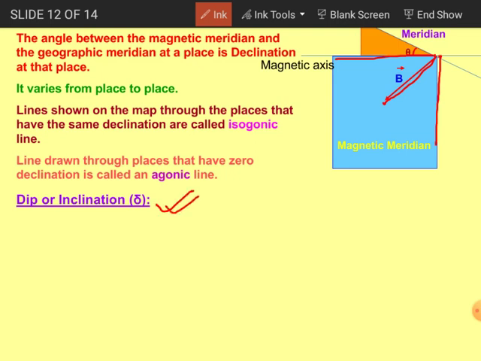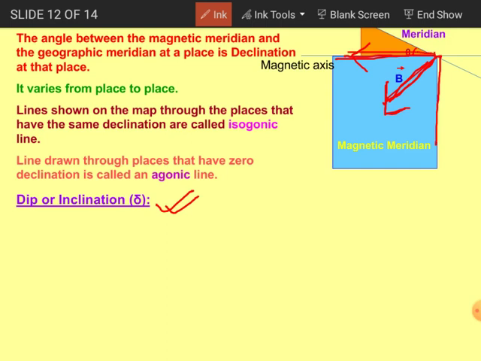Your angle of dip or inclination may be defined as the angle between the earth's magnetic field B vector and the horizontal direction in the magnetic meridian. Not the horizontal direction in any direction, but the horizontal direction in the magnetic meridian.